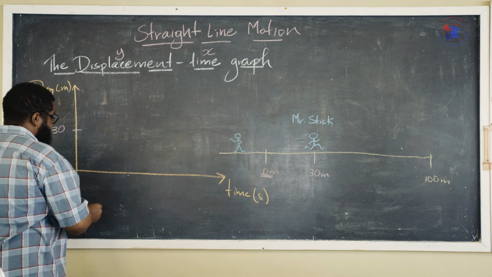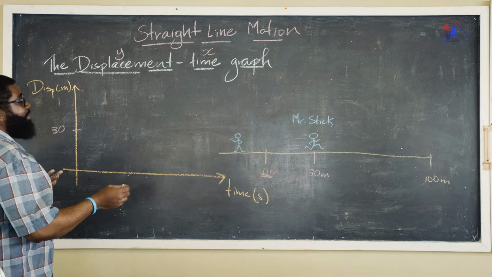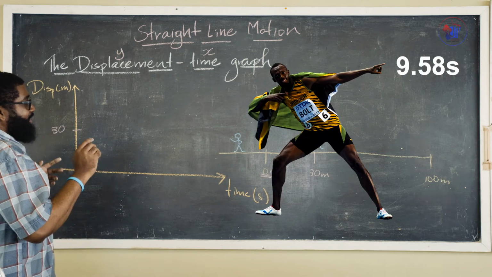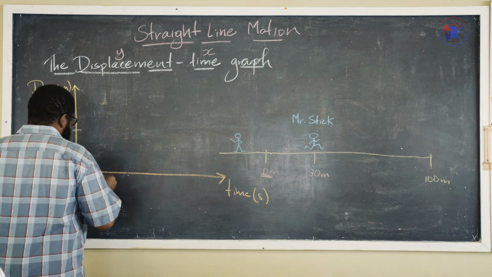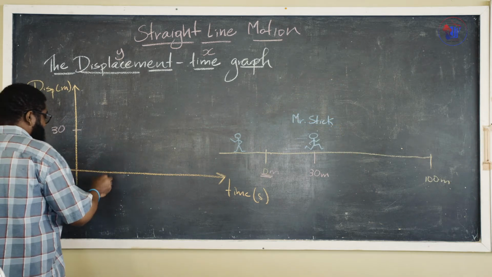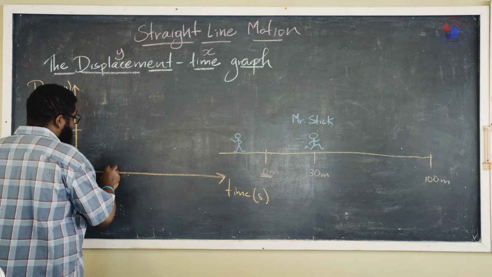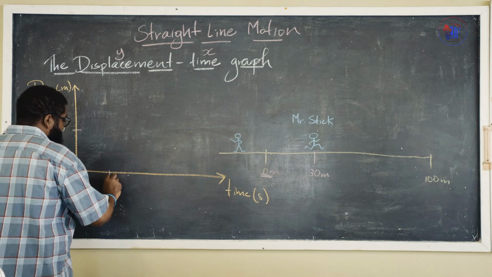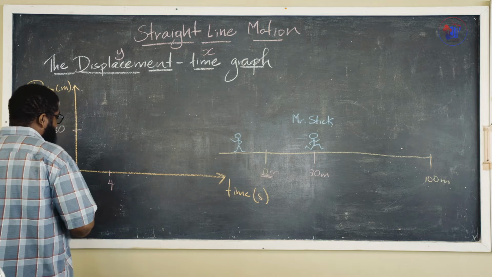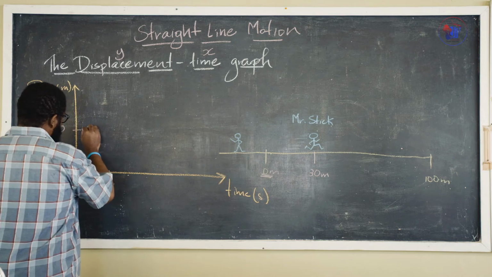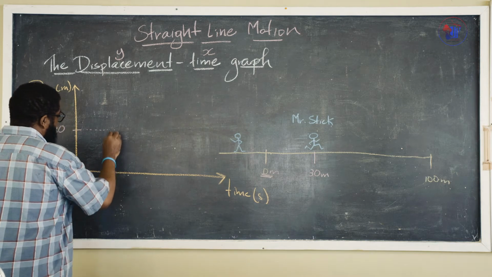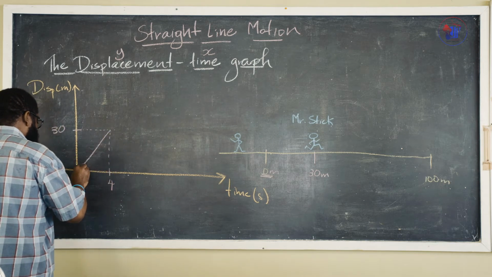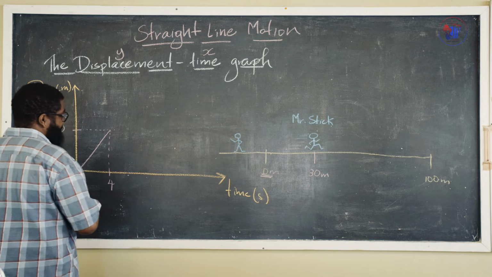Let's give him a time of, well, Usain ran it in what, 9.58? Mr. Stick ain't that fast. Let's give Mr. Stick 4 seconds. I know that's pretty slow. Anyways, so this is our first point. Mr. Stick runs his very best and he gets to this point.